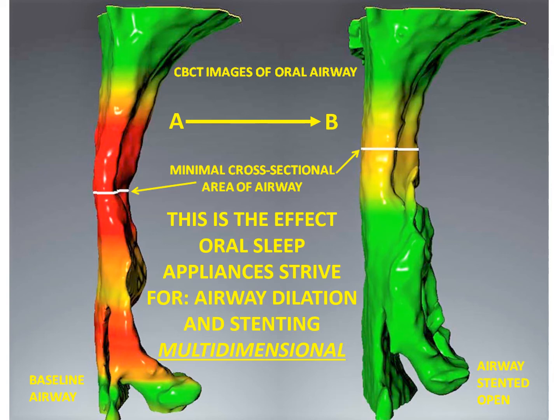The red is the narrow area, and you see the minimal cross-sectional area. This is the effect oral sleep appliances strive for: airway dilation and stenting, and it's multi-dimensional.